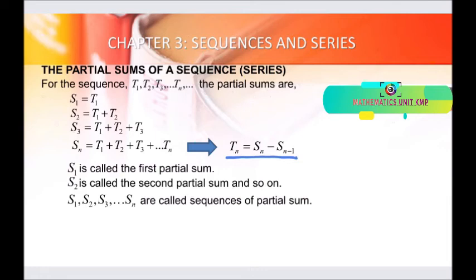S2 is called the second partial sum, and so on. So S1, S2, S3 until Sn are called the sequence of the partial sums.